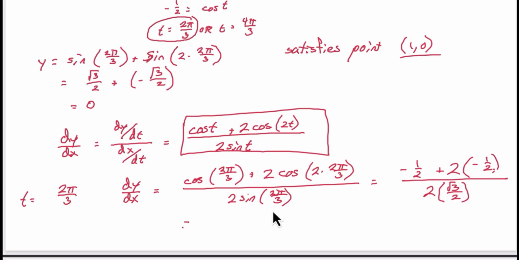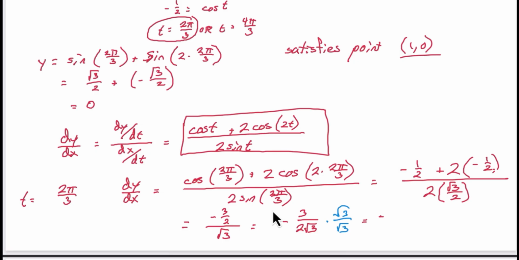Continuing to simplify that, we now have negative 3/2 divided by root 3. That will give us negative 3 over 2 root 3. And let's go ahead and rationalize that denominator.